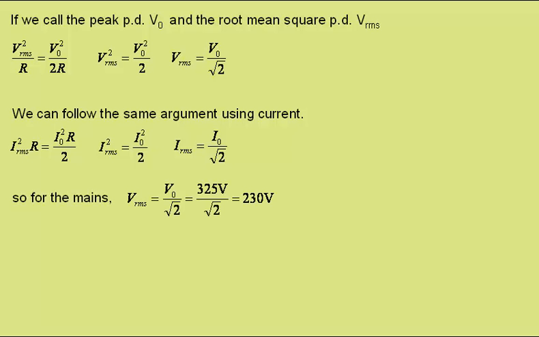So for the mains, we've got the RMS value of potential difference is equal to the peak value over root 2. The peak value being 325 volts gives an RMS value of the mains of 230 volts.